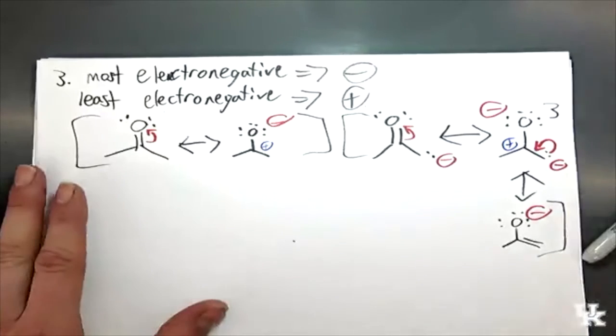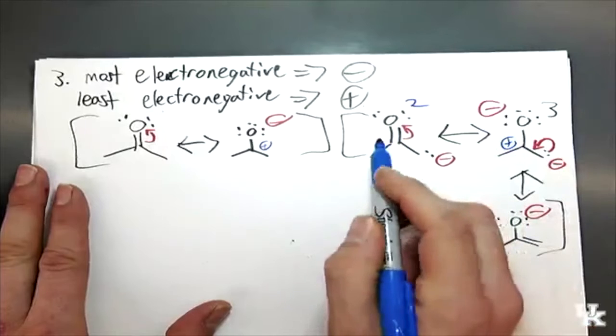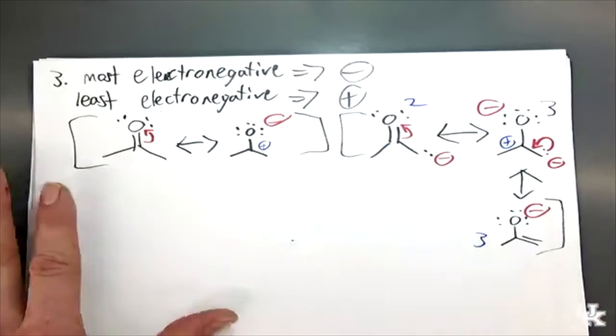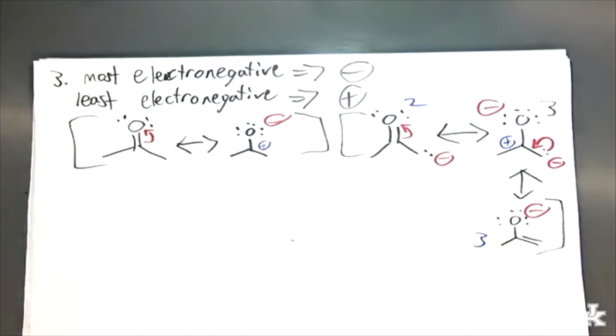So the minor contributor is the first structure, and the major is the third. And this happens because the oxygen wants the negative charge more because it is more electronegative. Does that make sense? I'm seeing some minutely nodding heads. That seems good. All right.